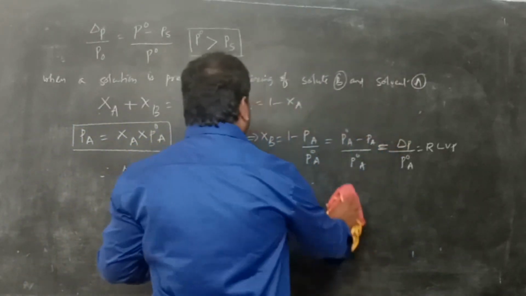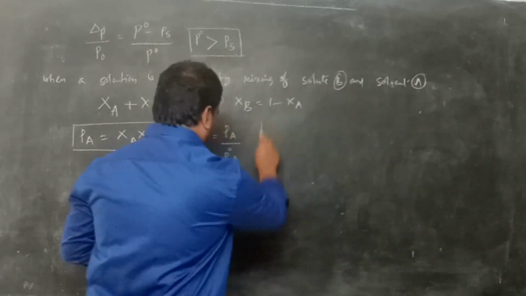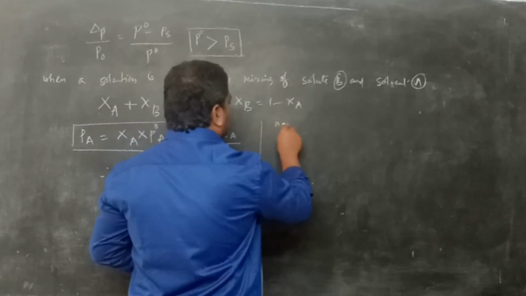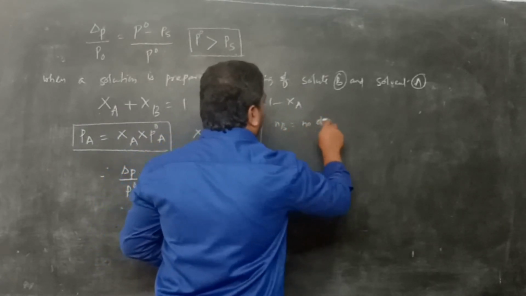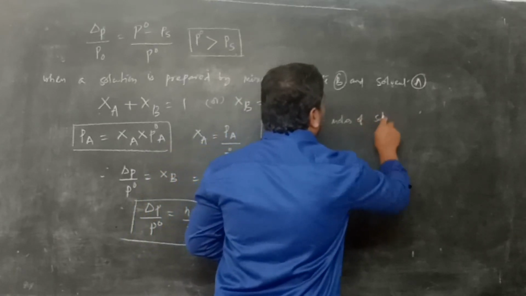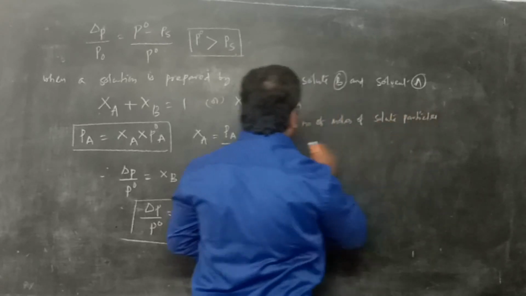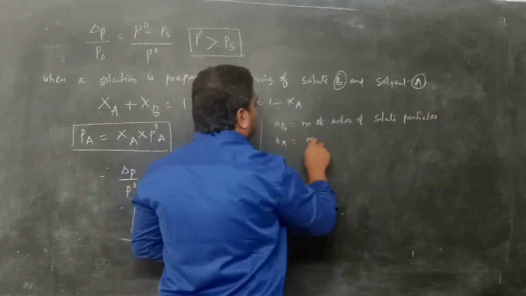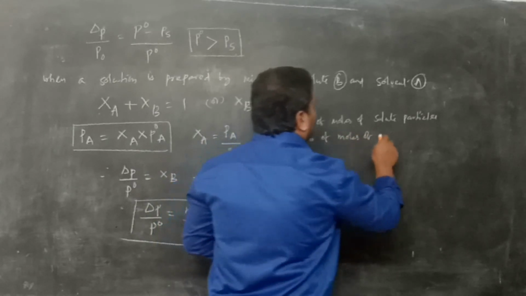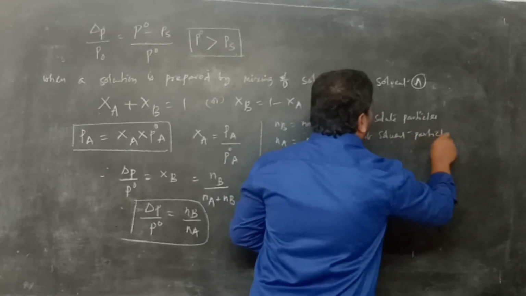Right. So what is NB, students? NB is equal to the number of moles of solute particles, where NA is equal to the number of moles of solvent particles or solvent molecules, student.